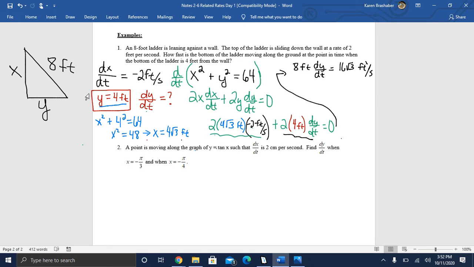And then I can solve for dy dt by dividing by 8 feet. 16 divided by 8 would give me 2 square root 3. And then feet squared per second, when you divide by feet, is just going to leave you with feet per second.